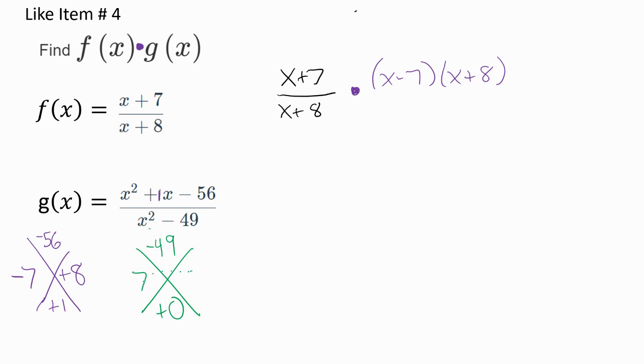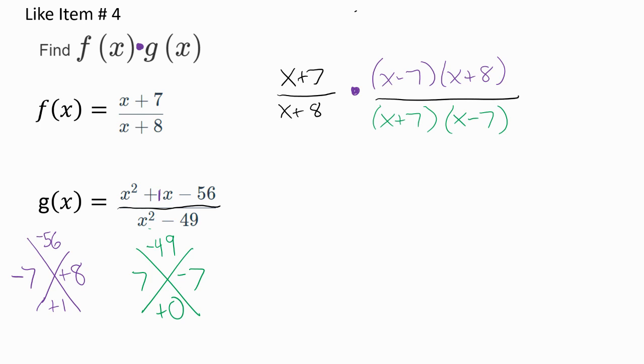Well, 7 times 7 is 49, and in order for that to be 0, we have to make one of them negative. Because 7 times negative 7 is negative 49, but 7 minus 7 is 0. So that's what's going to be here. So I'm going to put x plus 7 and x minus 7. And we know that there's a division bar between them, so I'm going to put a division bar.